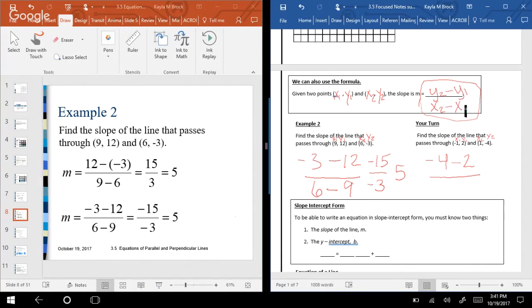Divide that by x2, which is 1, and x1 is negative 1, so we're going to plug that in with parentheses. Negative 4 minus 2 equals negative 6. 1 plus 1 is 2. 6 divided by 2 is 3, and so it's going to be negative 3.